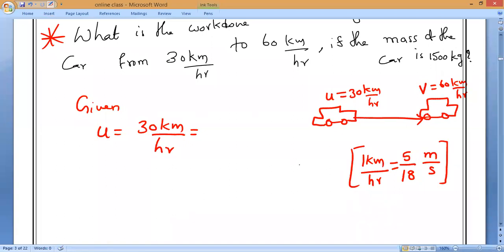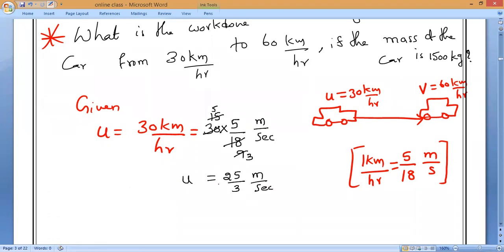So solving 30 into 5 by 18 meter per second. 2 9s are 18, 2 15s are 30. Next, 25 by 3 meter per second. Is it okay?